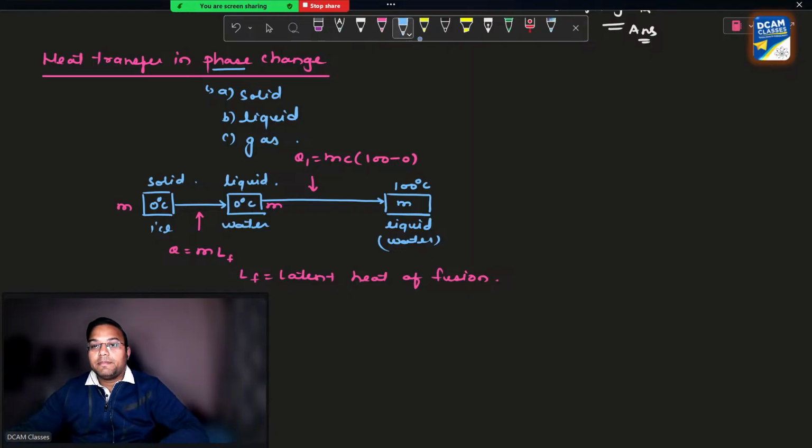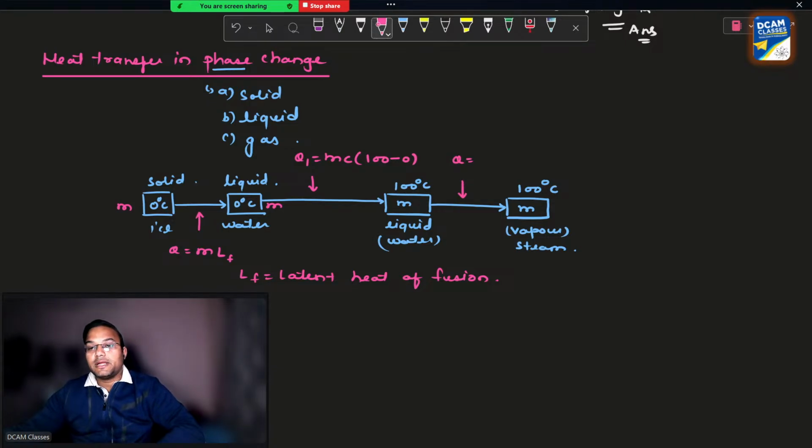Now again, what happened? At 100 degrees Celsius, the temperature is the same, but from liquid it has converted into vapor, steam. Again, phase change is there. So it will again absorb an amount of heat known as latent heat of vaporization.